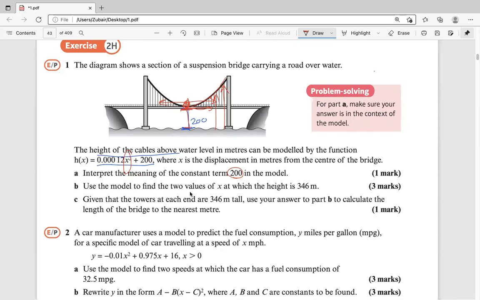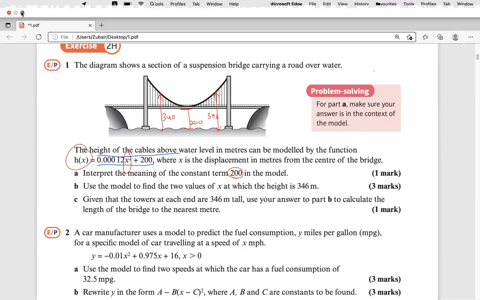Use the model to find the two values of x at which the height is 346. So now we know that the minimum height is 200. Definitely the height 346 would be somewhere away from the center, on both sides. So that means we have the value of h.